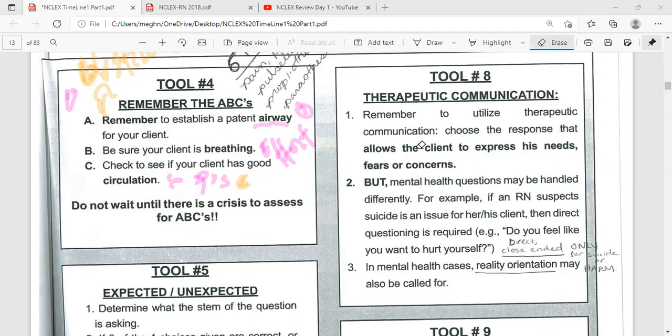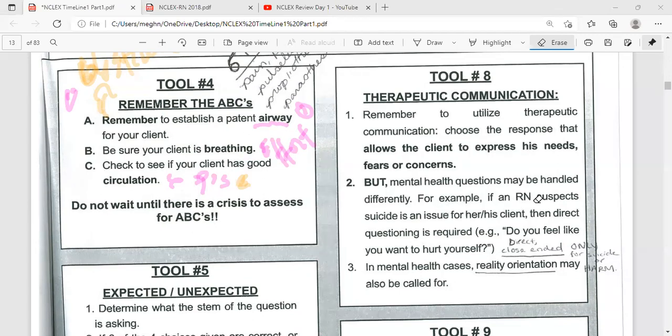Choose the response that allows the client to express his needs, fears, or concerns. But mental health questions may be handled differently. How you deal with any patient, except mental health, would be a little bit different.